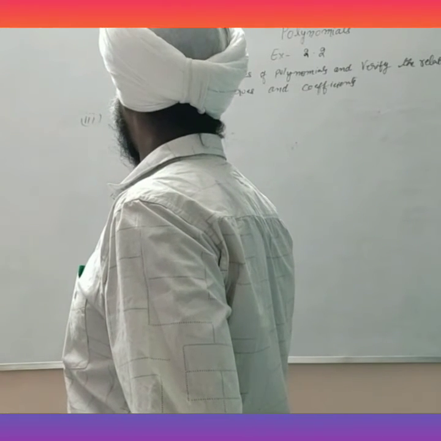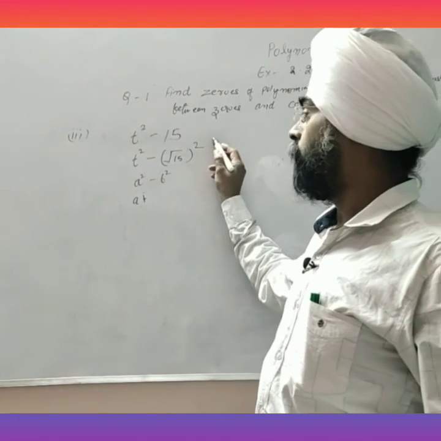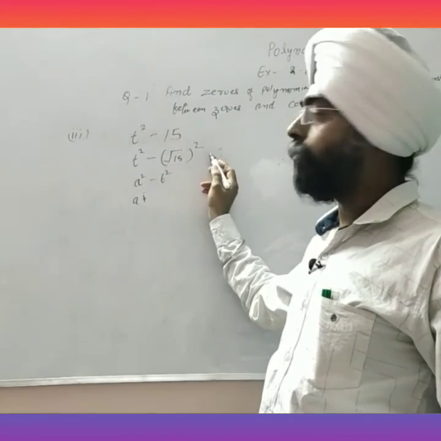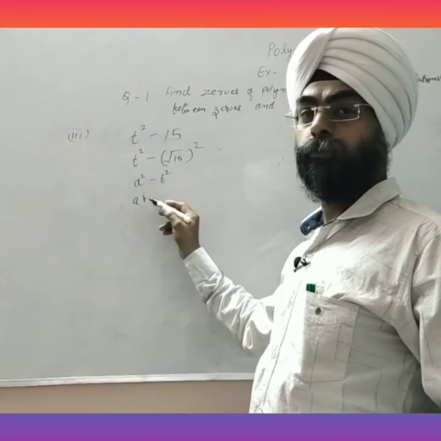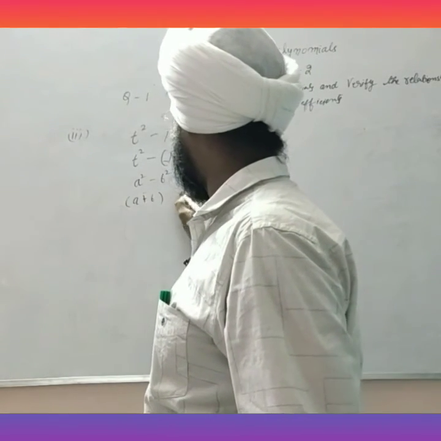Then it is the formula of a square minus b square, which can be converted into a plus b and a minus b. t square minus 15 can be written as t square minus root 15 whole square.